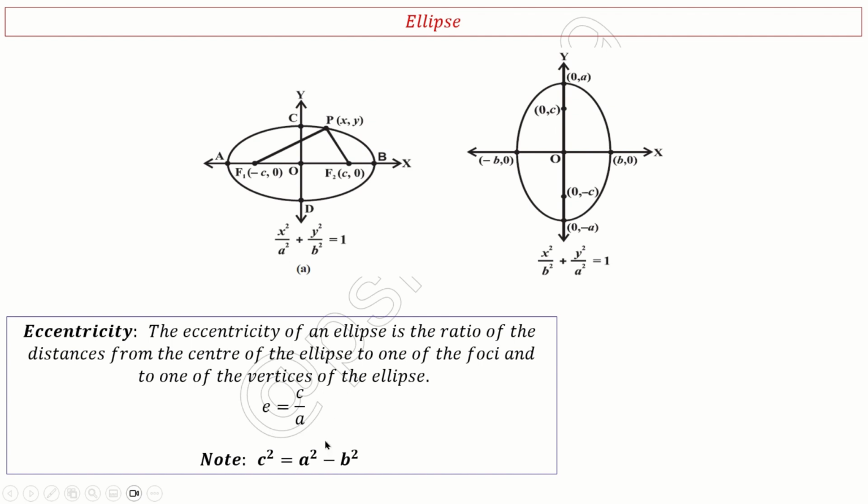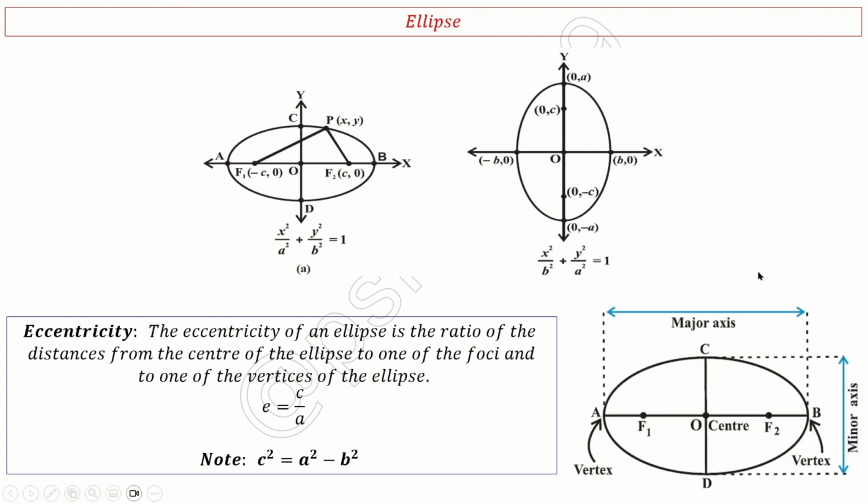Also note down c square equal to a square minus b square, that is major axis square minus minor axis square is c square. All of these can be derived very easily; you can look at the book for the proofs. So note down all these simple formulae for the ellipse. Now let's get into the exercise. This is a summary of your ellipse.